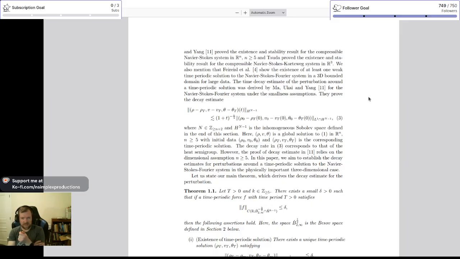Subscript H^(n-1), which is the inhomogeneous Sobolev space defined at the end of the section. All right, so rho, v, theta is not the current value, it's the global solution with n greater than or equal to 5.